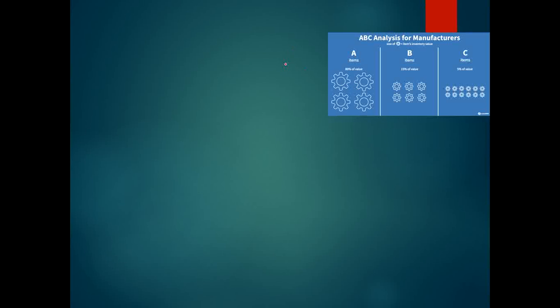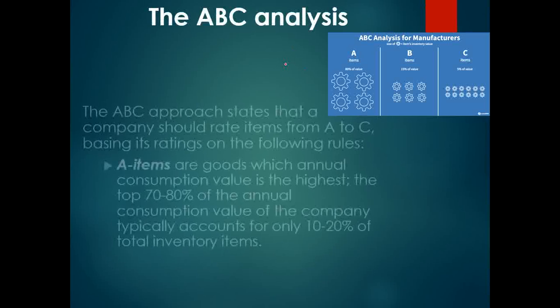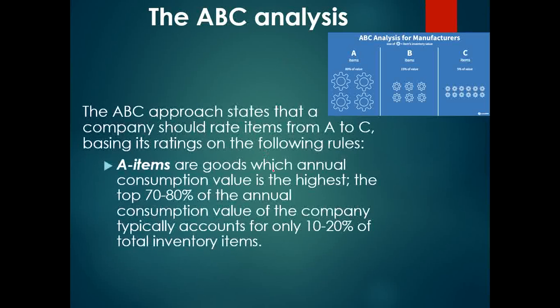Okay, so in ABC analysis, A items are goods whose annual consumption value is highest. How much is the value? It is 70 to 80% of the annual consumption value of the company, then we categorize it as an A item.